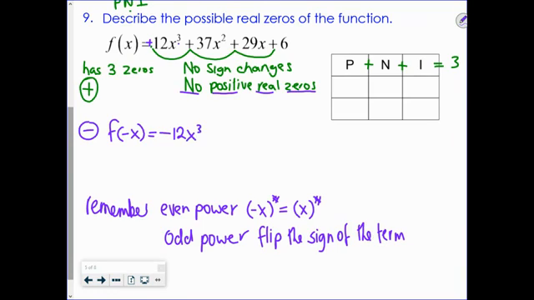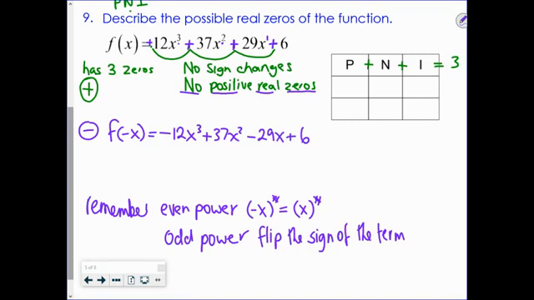When I'm looking at my x squared term, that's an even number. That was plus, it stays as plus because this 2 is an even number. It doesn't flip it. Then this is x to the power 1, an odd number, so I flip what's at the front, was plus, and I write minus instead. And then this one, there is no x in it, so it just stays the same as what it was.